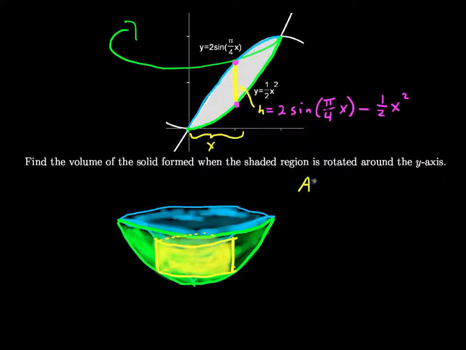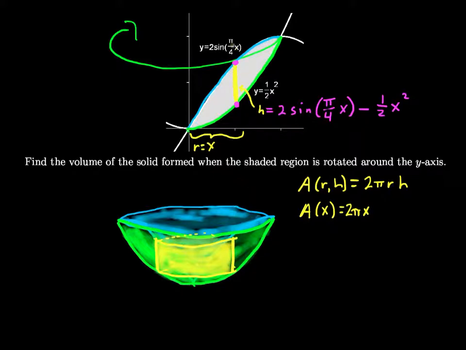So the area, in terms of r and h, will be the circumference, 2 pi r, multiplied by the height, h. And we figured out that this r is equal to x, because the radius is the distance from the y-axis. So the area as a function of x will be 2 pi x multiplied by this height function, which is big and ugly, but this height is determined by the vertical distance between the inside and the outside.